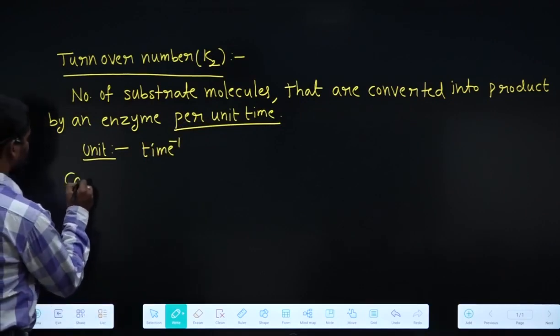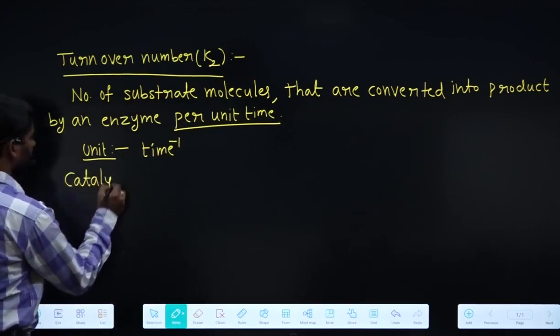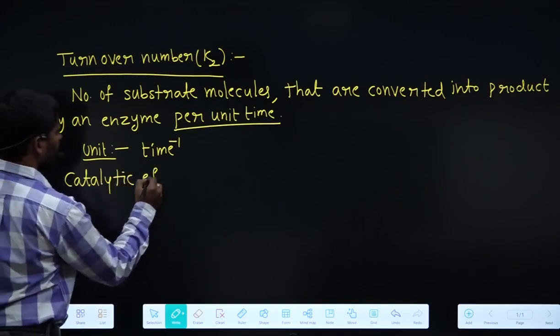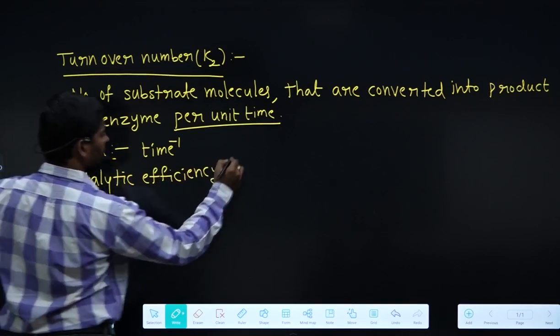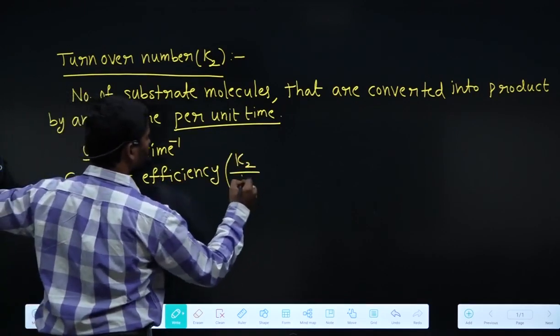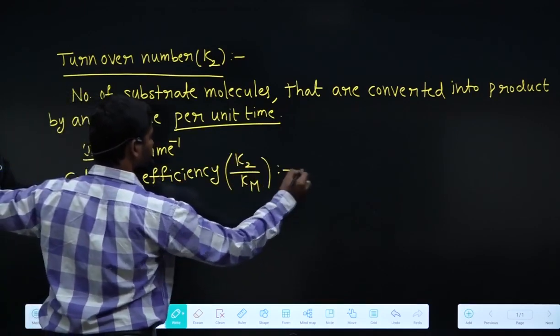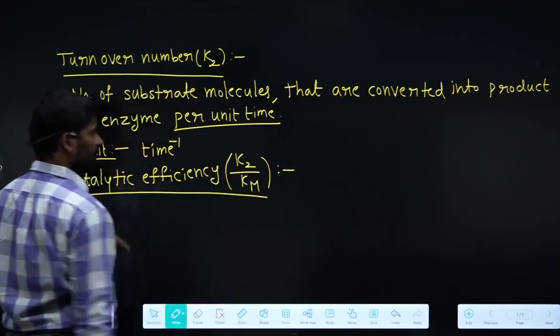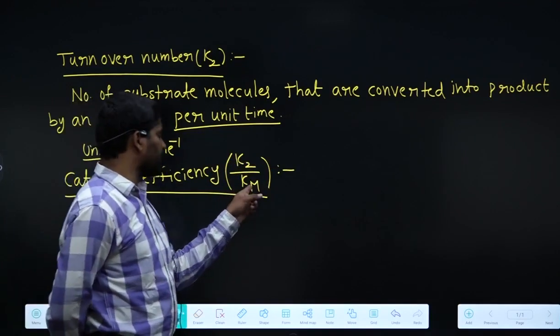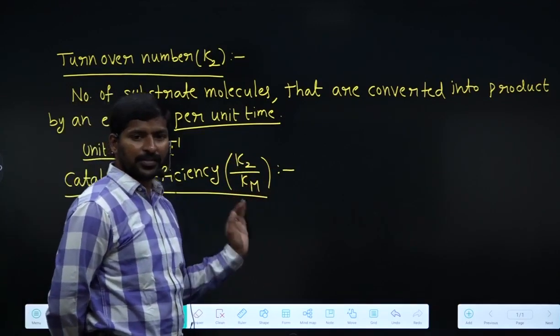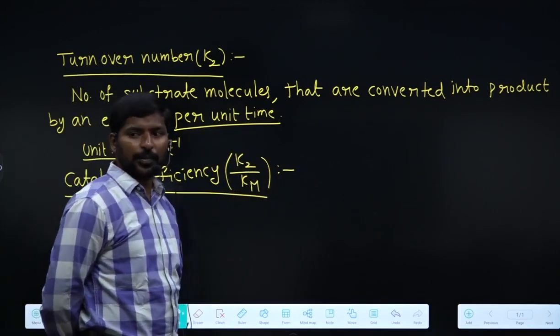Next, the second one, catalytic efficiency. That is given by K2 by Km. In the last class we discussed that if Km is equal to the concentration of S, V is equal to V max by 2.